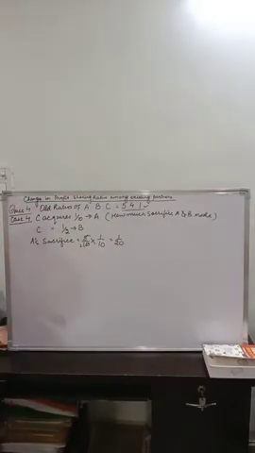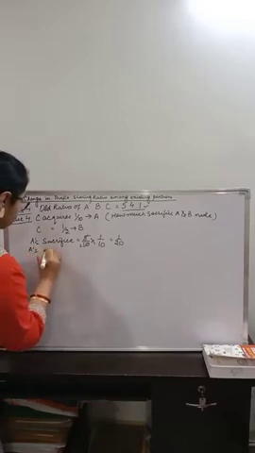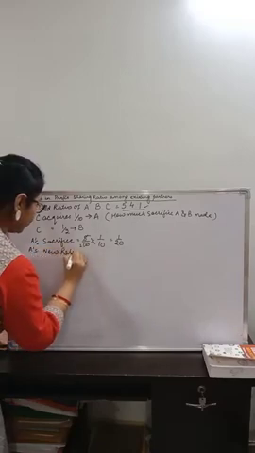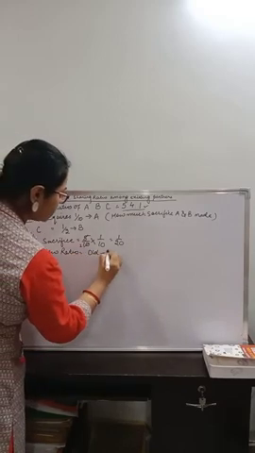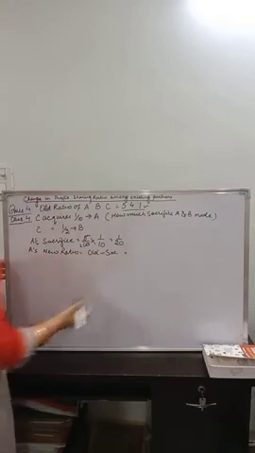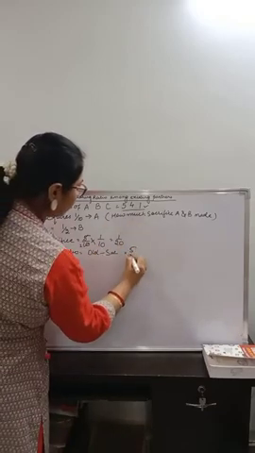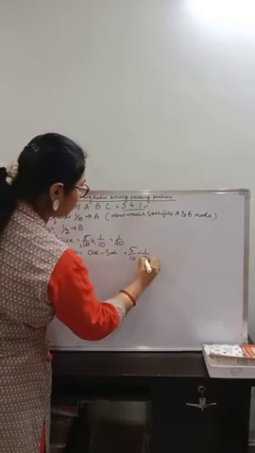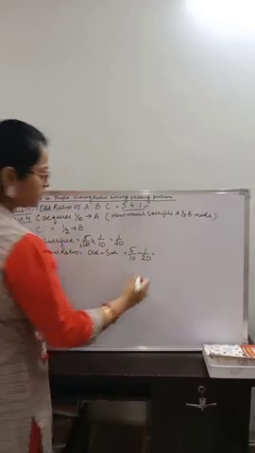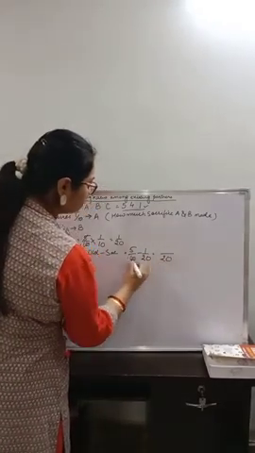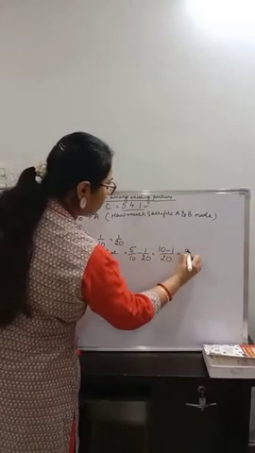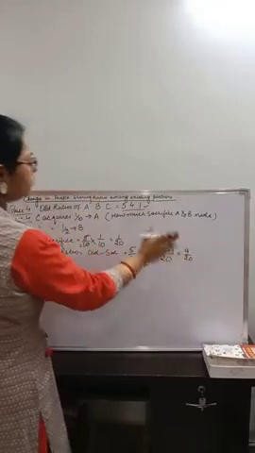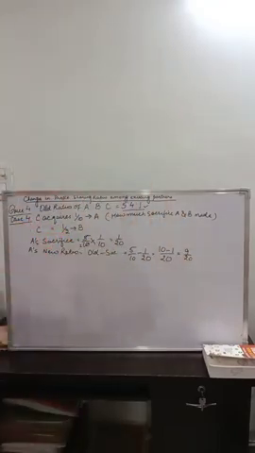A's sacrifice is 1 by 20, whereas A's new ratio becomes old ratio of A minus his sacrifice, equals 5 upon 10 minus 1 upon 20, which is simply 9 upon 20. Let us keep this here and find out the sacrifice made by B.